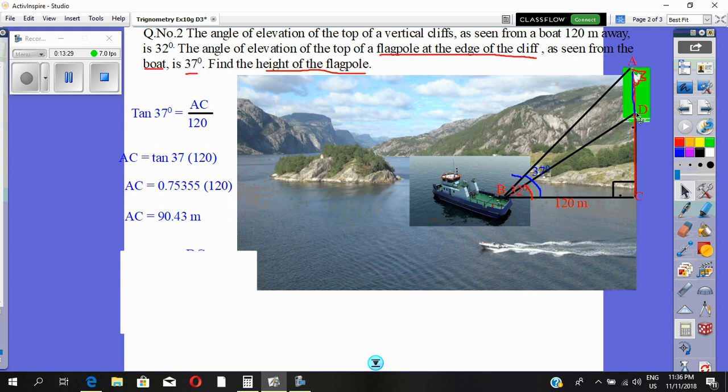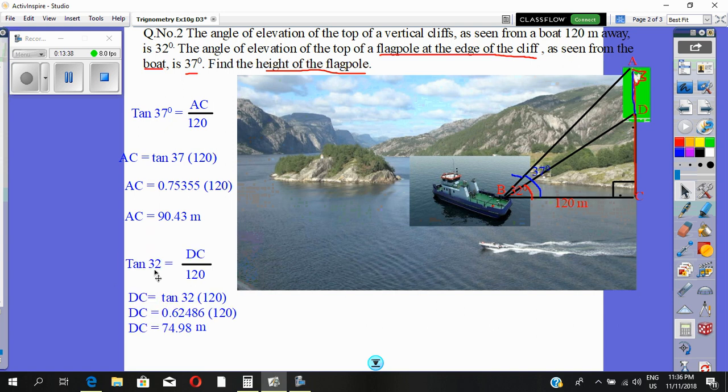Then the point D is the edge of the cliff. Another angle is there. With the help of tan 32, we find DC, and we get 74.98.